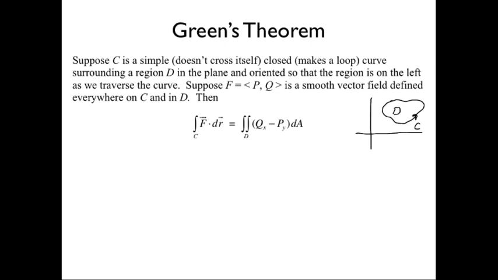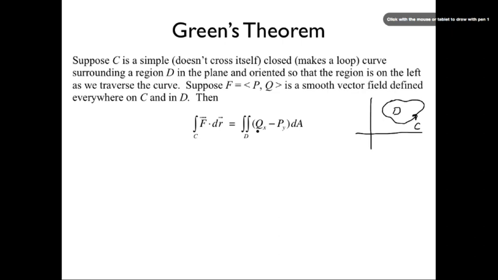It says that if all this is true, then the circulation integral on C is equal to the double integral over D of the partial of Q with respect to X minus the partial of P with respect to Y. That makes a function of X and Y. If you take the double integral of that function over D, that's the same as the circulation of the boundary C.